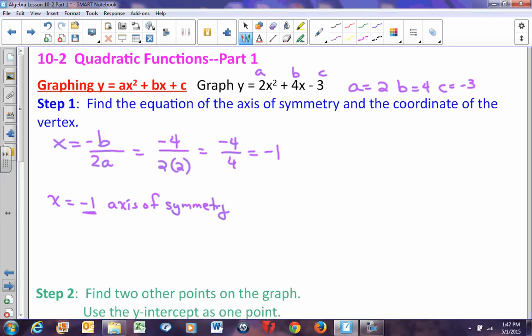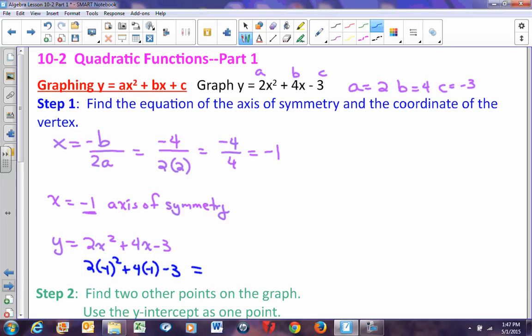So I have the equation y equals 2x squared plus 4x minus 3. I'm now going to substitute in -1 wherever I see an x. So I'm going to have 2 times -1 squared plus 4 times -1 minus 3.